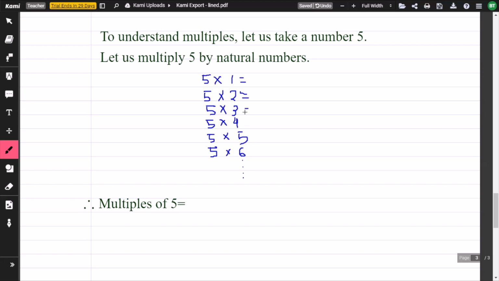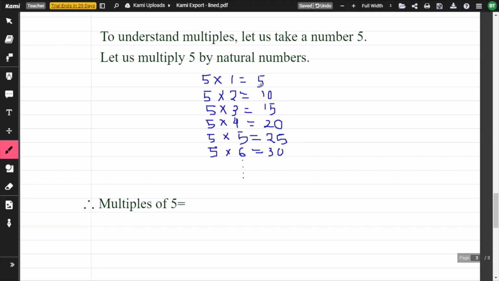When we multiply 5 by different natural numbers, what are the products we get? 5 times 1 is 5. 5 times 2 is 10. 5 times 3 is 15. 5 times 4 is 20. 5 times 5 is 25. 5 times 6 is 30. After 6, we do 5 times 7, 35. 5 times 8, 40. So this list will go on, which means the multiples are infinite.